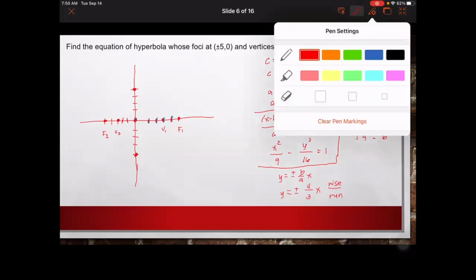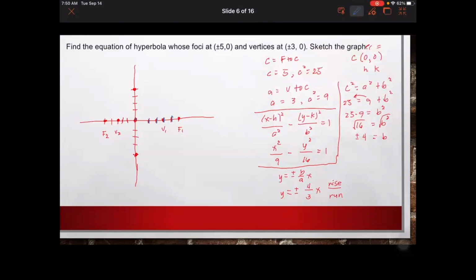Pwede lang tayo ng kulay. Tataas ka ng 4. So, 1, 2, 3, and 4. Then, baba ka ng 4 din. So, 1, 2, 3, and 4. Ganon din sa kabila. This is 1, 2, 3, and 4. Tapos, 1, 2, 3, and 4. So, ayan yung ating rise.